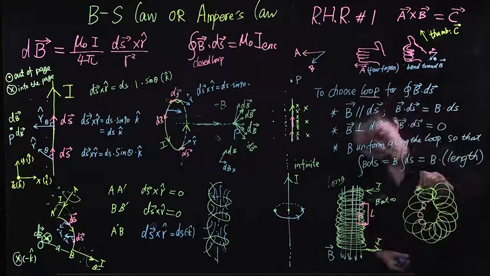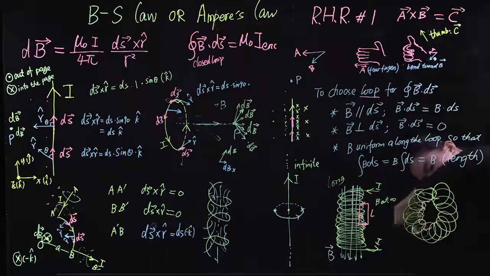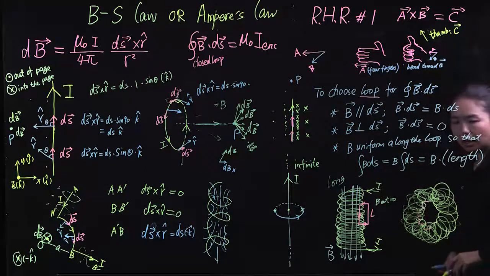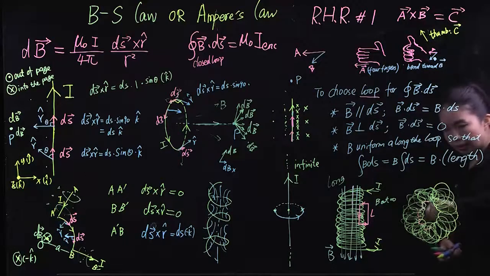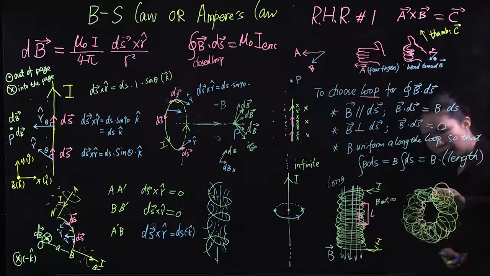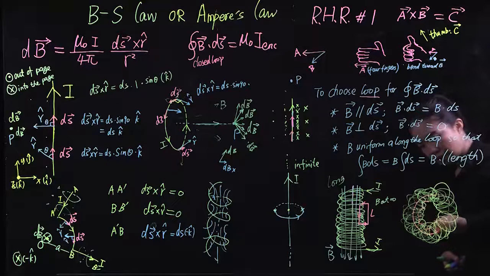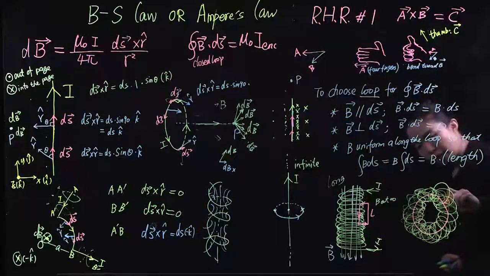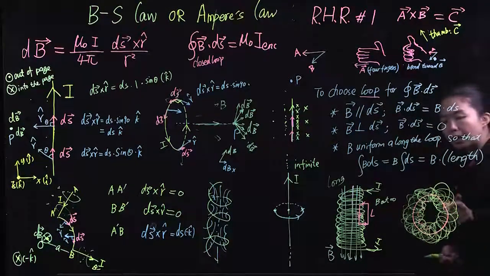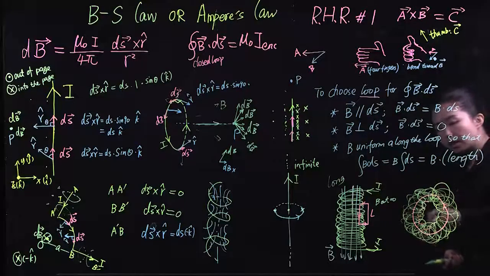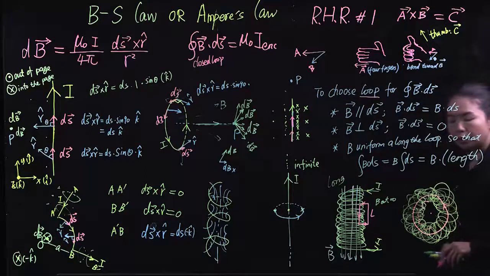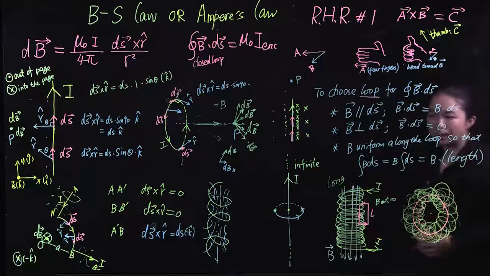However, if this wire is so densely packed, hundreds of thousands of turns per meter, then inside we know the B field is going to be forming loops. And then we can choose a circle centered at the center of this coil to use as the integration path.